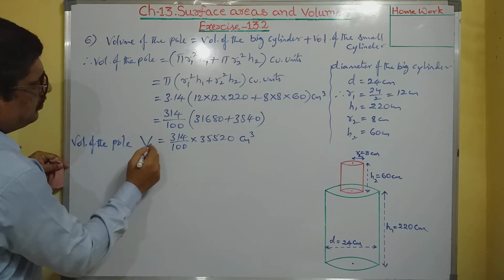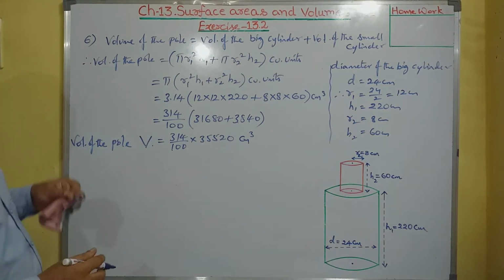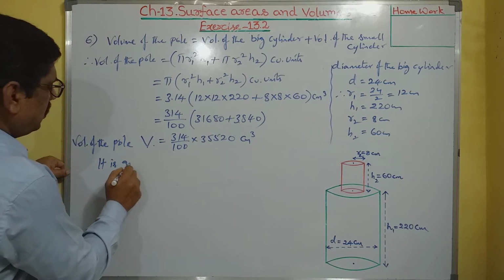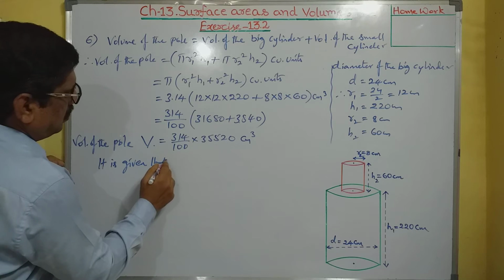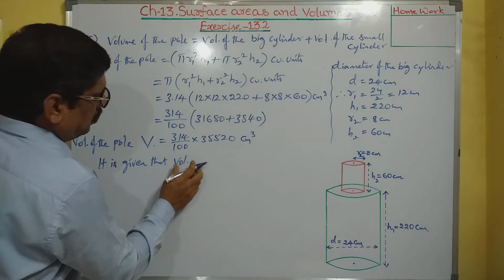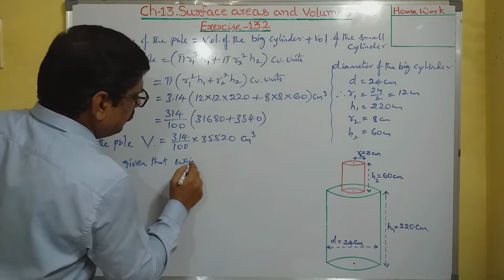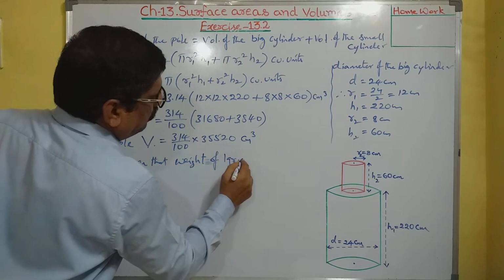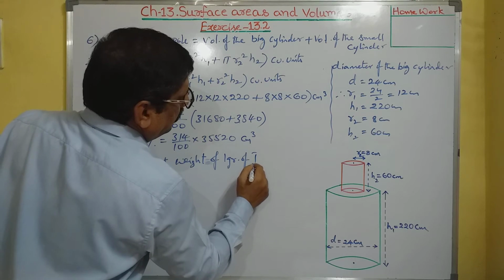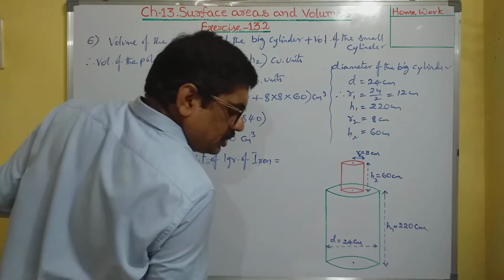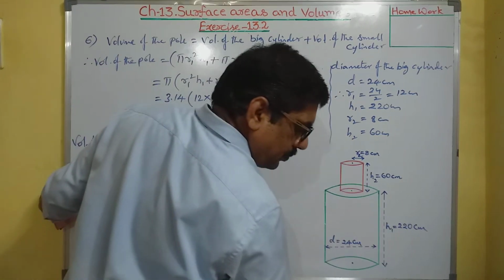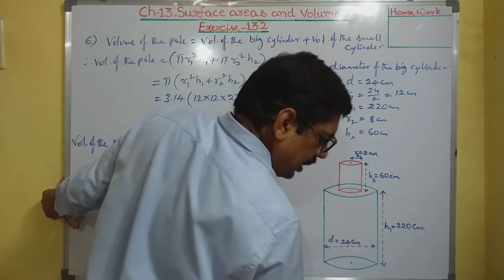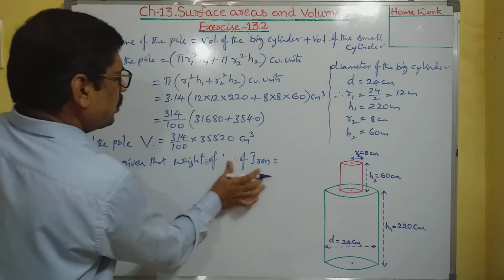Let us represent it with capital V. And the density is also given. It is given that 1 centimeter cube of iron has approximately 8 grams of mass.